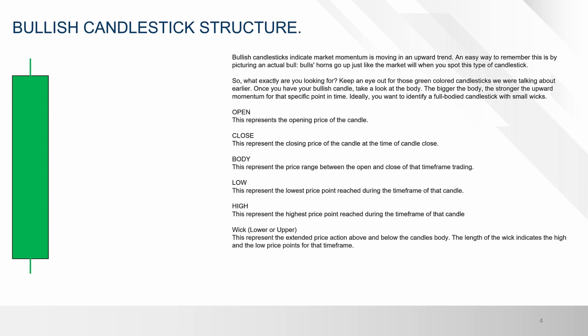So, a bullish candlestick is comprised of the open and the closing price. So these determine the bullish candle's body. A bullish candle opens at a lower price and closes at a higher price.